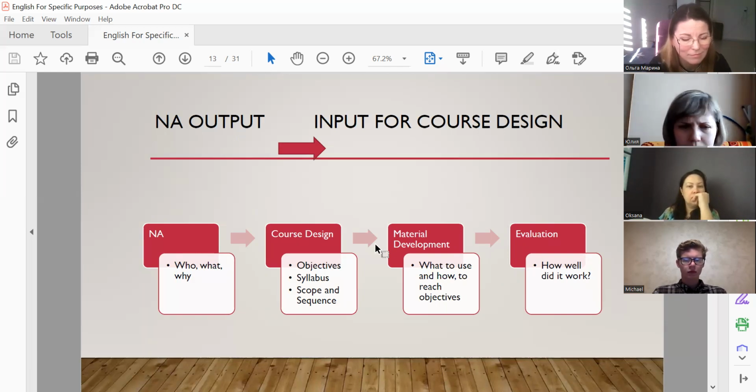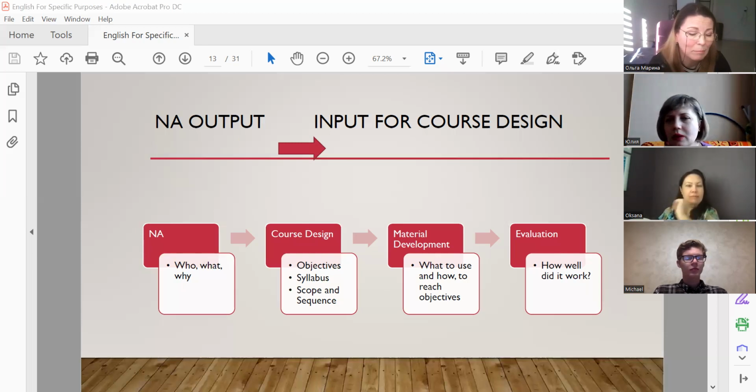What to use and how to reach objectives. And then after we've completed the course, we need to evaluate it. So reflection and evaluation. How well did it work? And then we go back, needs analysis, course design, we improve the course. Any questions here? Big job. Yes.